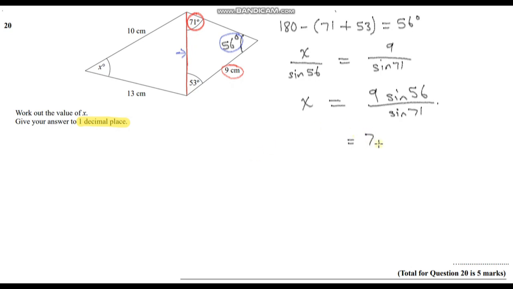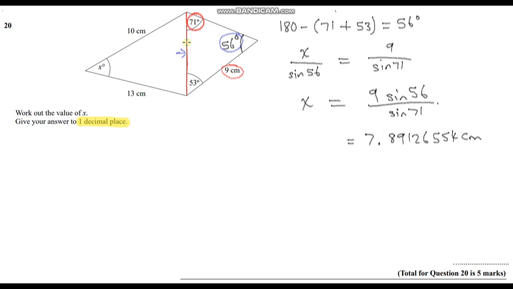And we get 7.89126554, and that is in centimeters, and that looks about right. If we do a dummy check, it looks quite close to 9, so that looks about right.